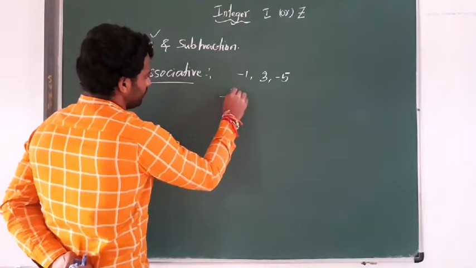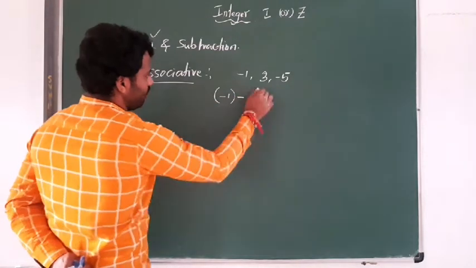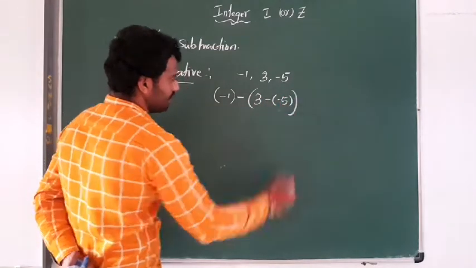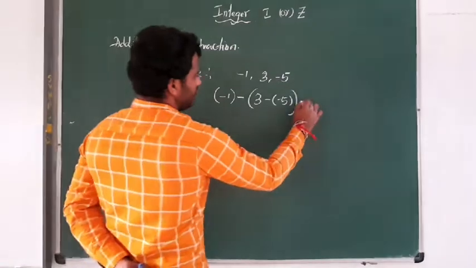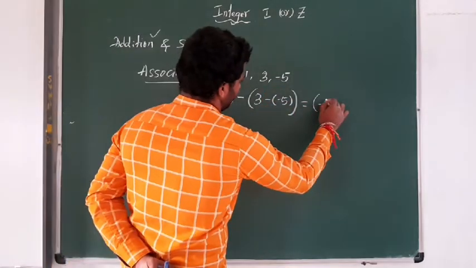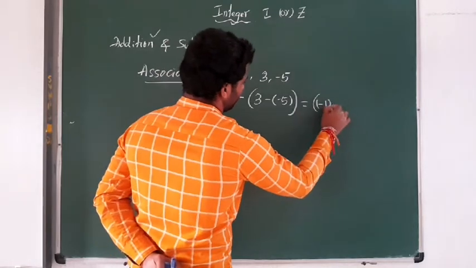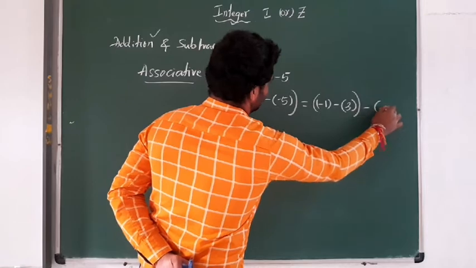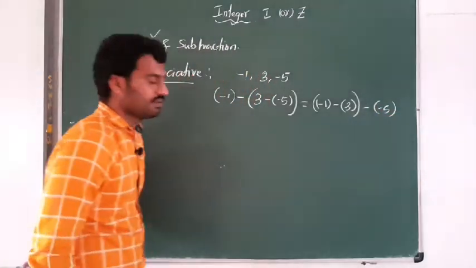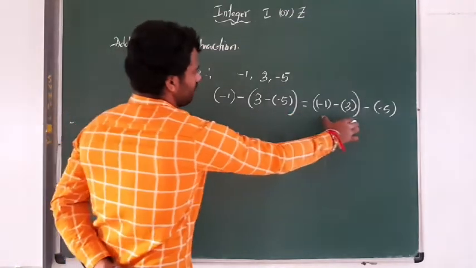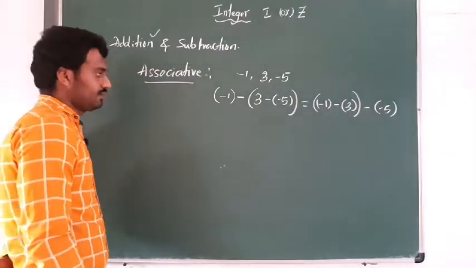First -1 minus of 3 minus of -5. First comparison. Here only I will write the difference. -1 minus of 3 minus of -5. Is it clear? Here second and third term I will say. Here first and second term I say.